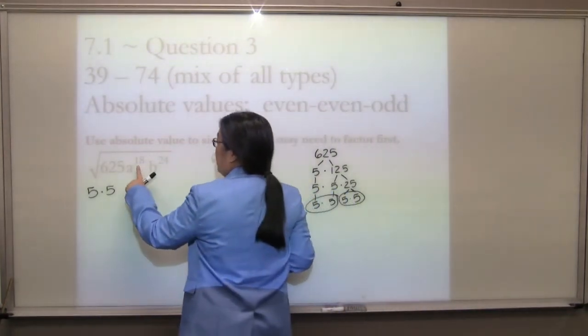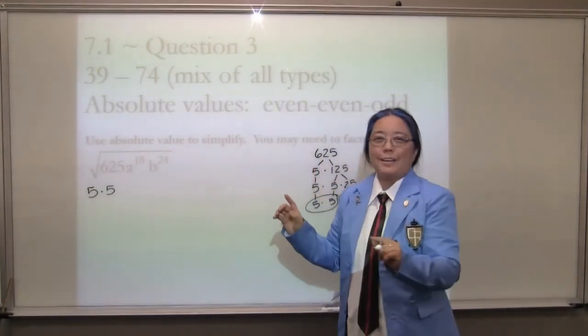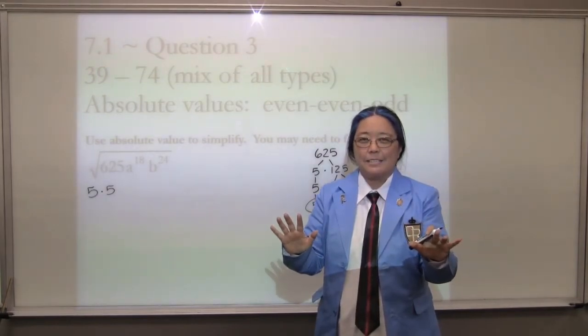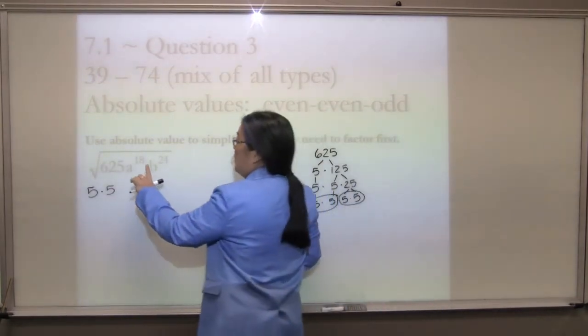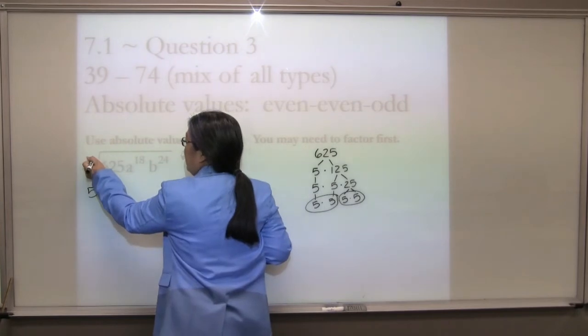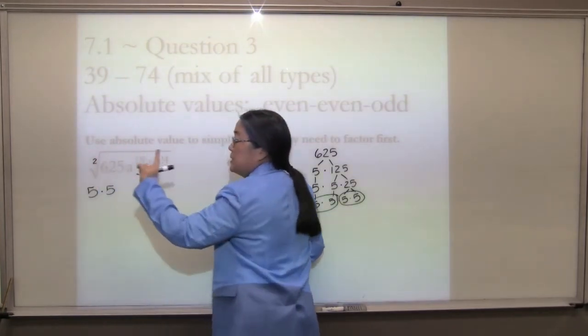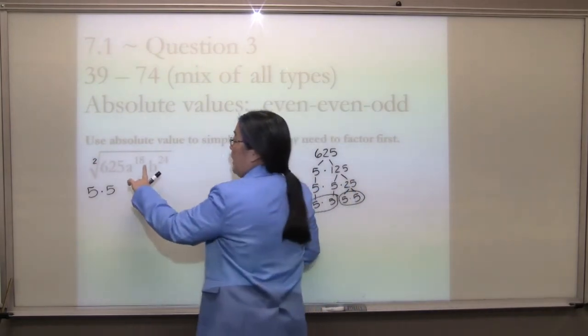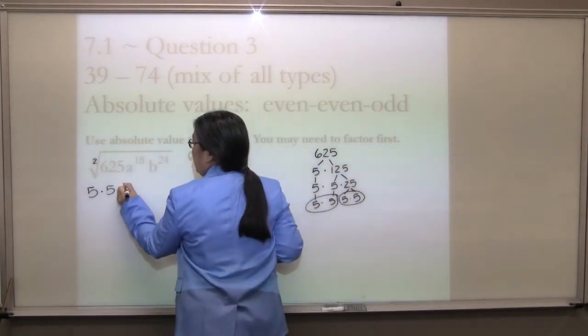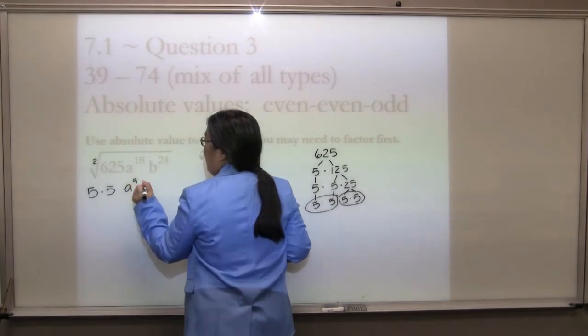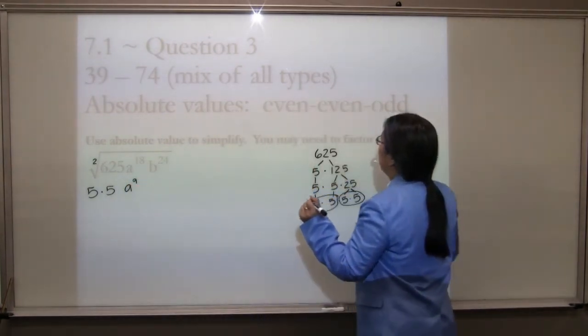Now, we're going to look for pairs. I could write out 18 A's, but let's not. All right, I want to know how many pairs are in 18. Let's put that invisible 2 back here. 18 divided by 2 will tell me how many pairs. 18 divided by 2 gives me 9. Ooh, let's check for even, even, odd.